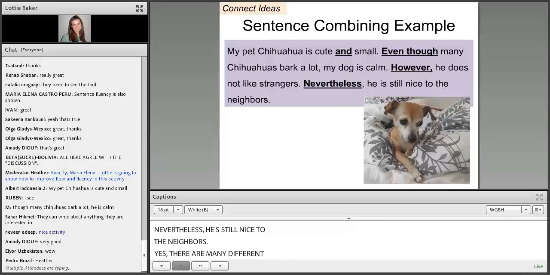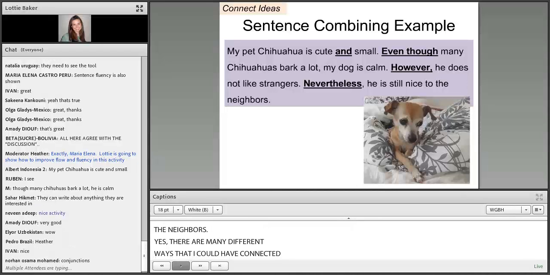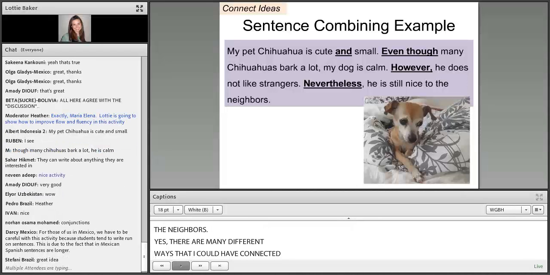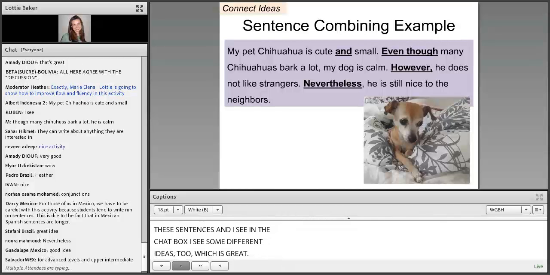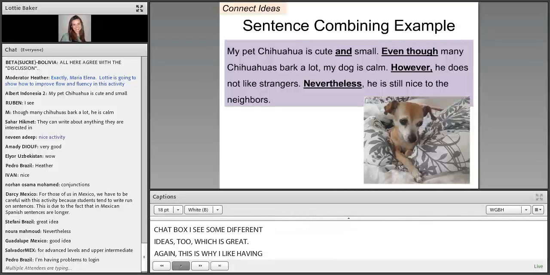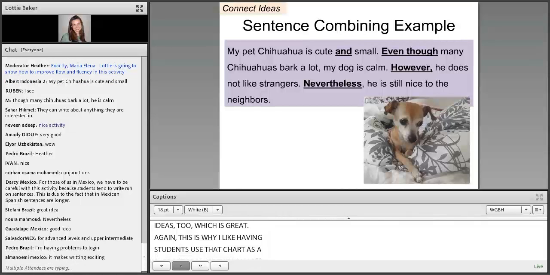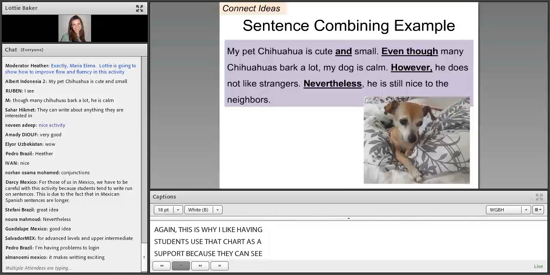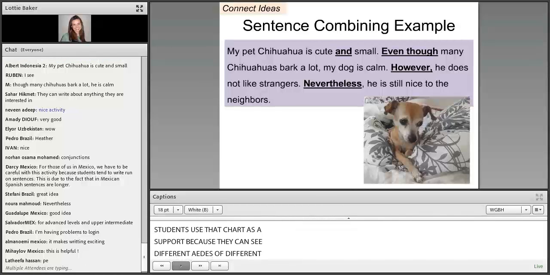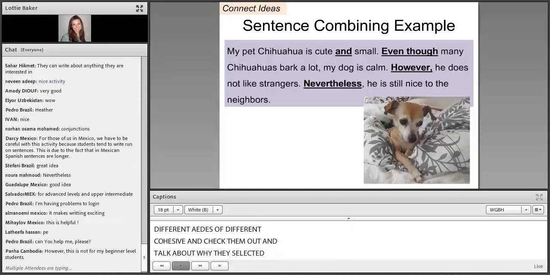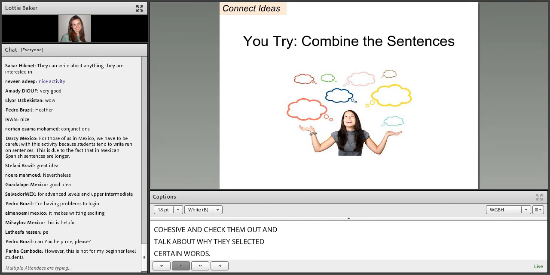Yes, and there are many different ways that I could have connected these sentences, and I see in the chat box, I see some different ideas too, which is great. And again, this is why I like having students use that chart as a support, because they can see different ideas of different cohesive devices and try them out. And then they can talk about why they selected certain words. This also helps them when they're reading because they can think about why the author chose certain words to use.